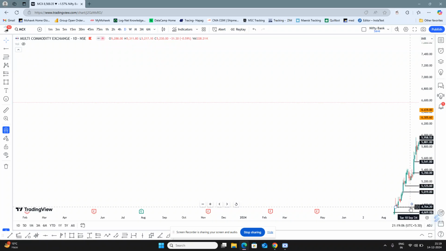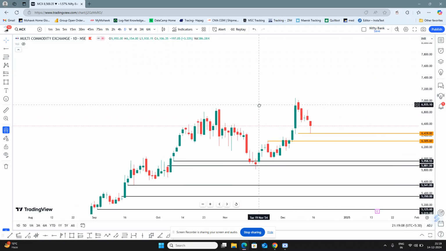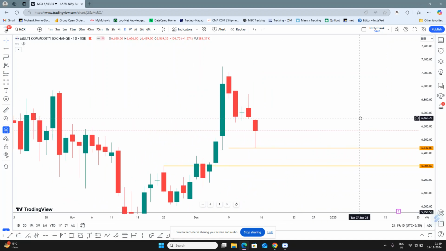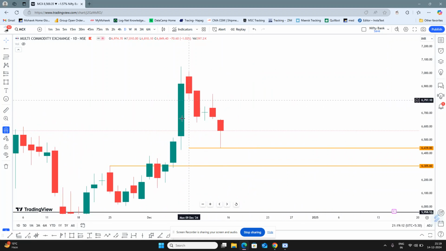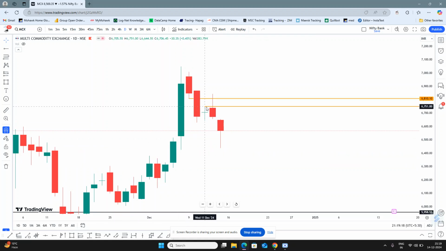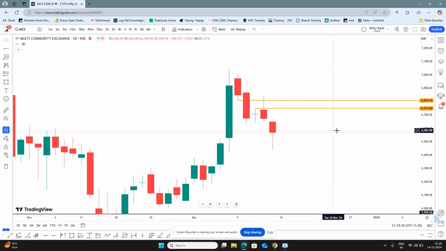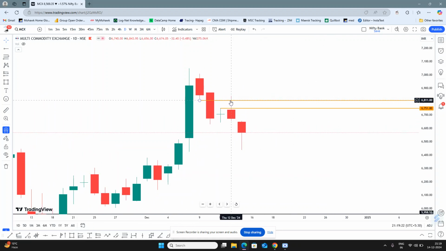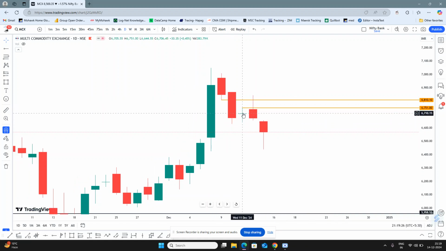Now I was on daily time frame here. You see what it has to do. See, it formed this gap here, and it has to go up to fill it, and then it will fall. So these 2 points will be your points of strength, right?